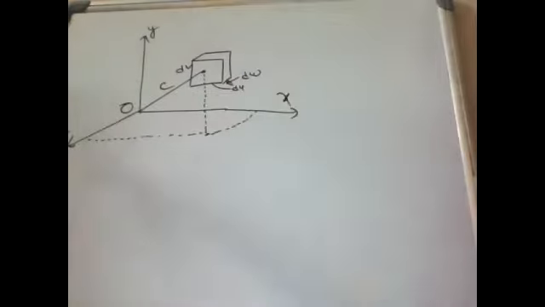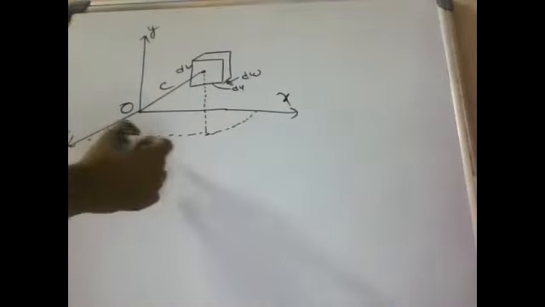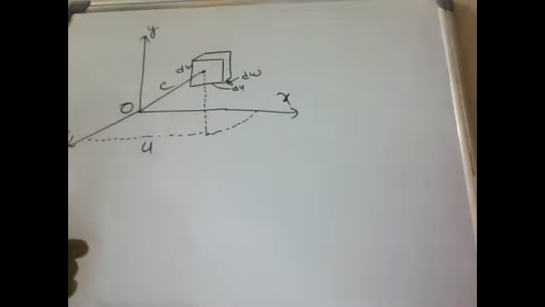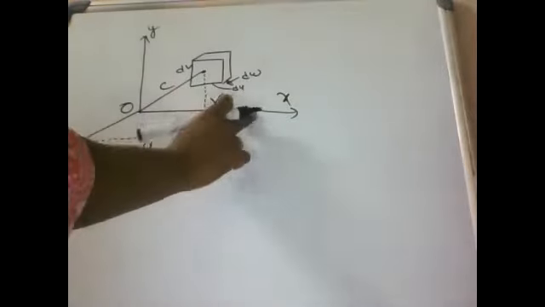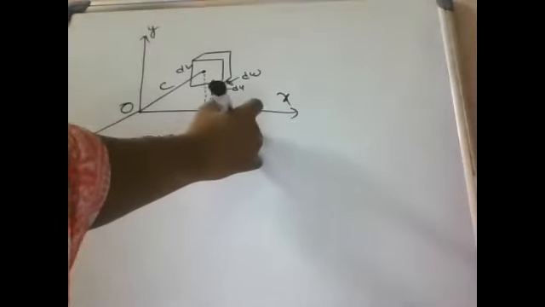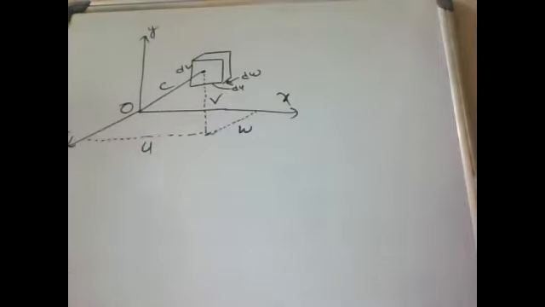Along x, y, z the velocities are u, v, w. So we consider the OX, OY and OZ axes with origin O.